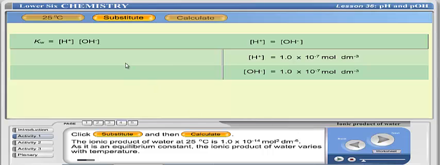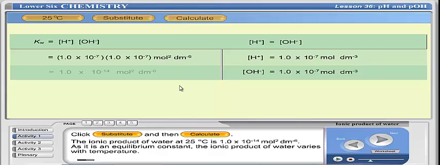Click the Substitute button and then Calculate button. The ionic product of water at 25°C is 1.0 × 10⁻¹⁴ mol² dm⁻⁶. As it is an equilibrium constant, the ionic product of water varies with temperature.